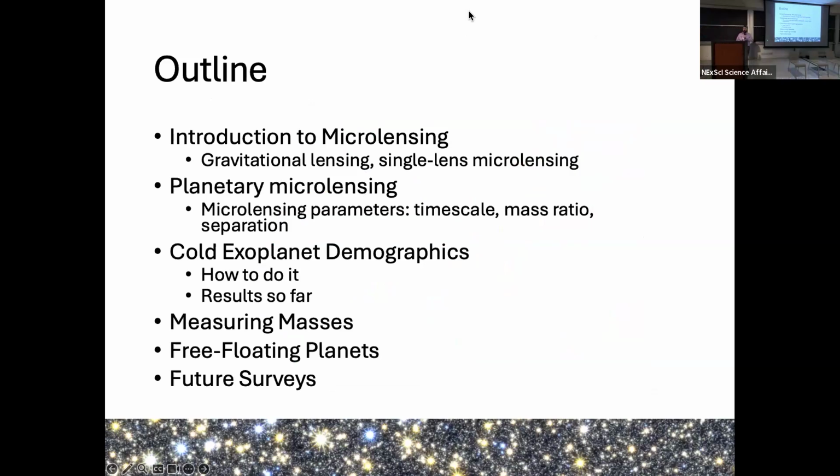Then I'll move on to planetary microlensing by introducing an extra mass into the system, and then talk about how we can use this to learn about cold exoplanet demographics, including how to do it and some of the results so far. I'll then address one of the main limitations of microlensing, which is measuring masses and how we can get around that, before, if I have time, discussing free-floating planets and what is coming in the future.